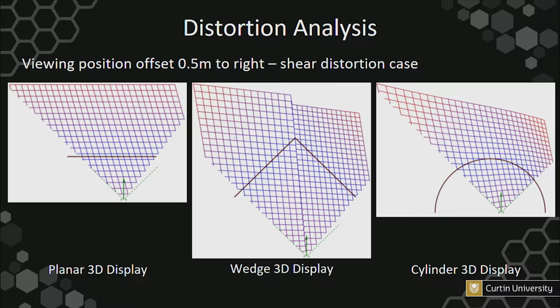It's sort of an amplification of the distortion at that point. The cylindrical display probably gets approximately the same amount of distortion overall, but since the display is a gentle curve, you don't get this abrupt distortion.